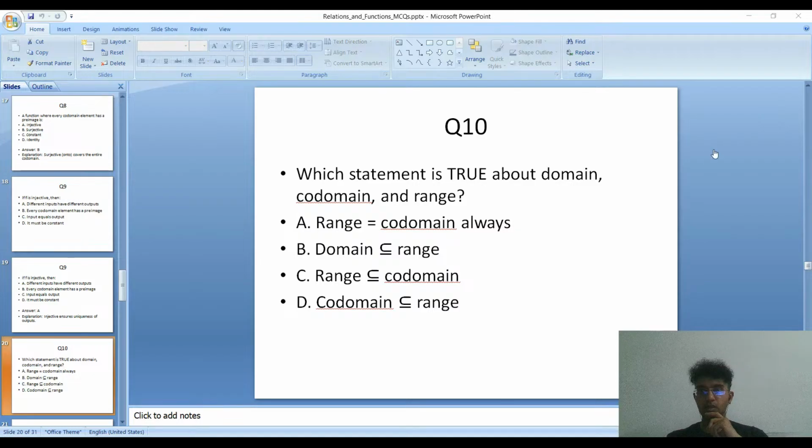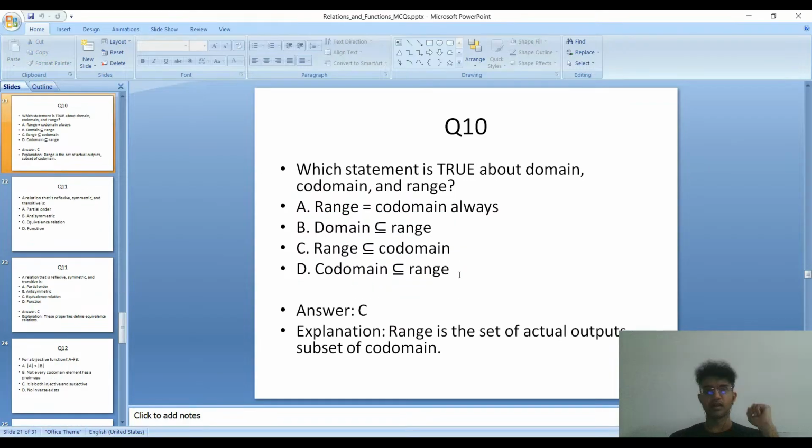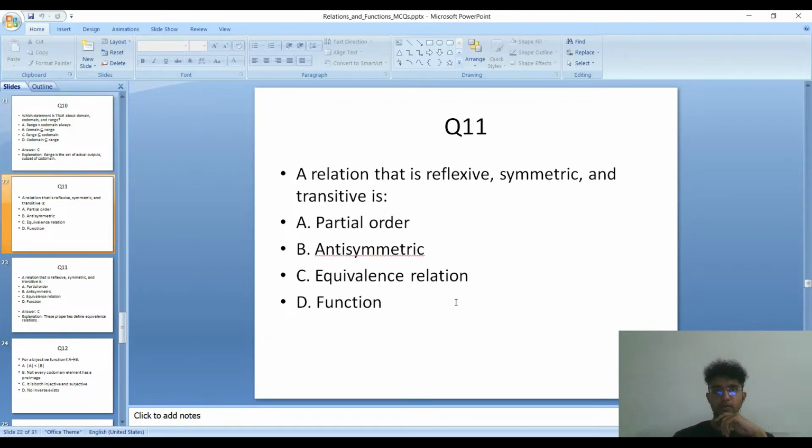Someone says it's C. Okay. Yes, that's indeed the answer. C is the answer for question 10. So range is a set of actual outputs, subset of codomain, right? All right, next question. So now we have finished the first 10. So now last five.